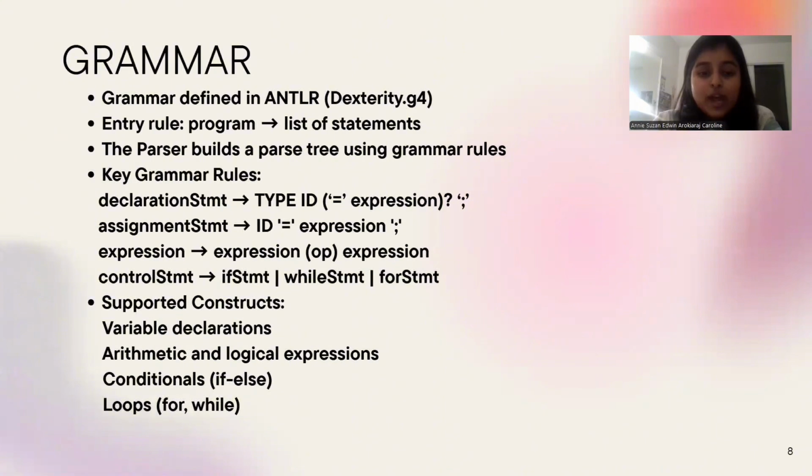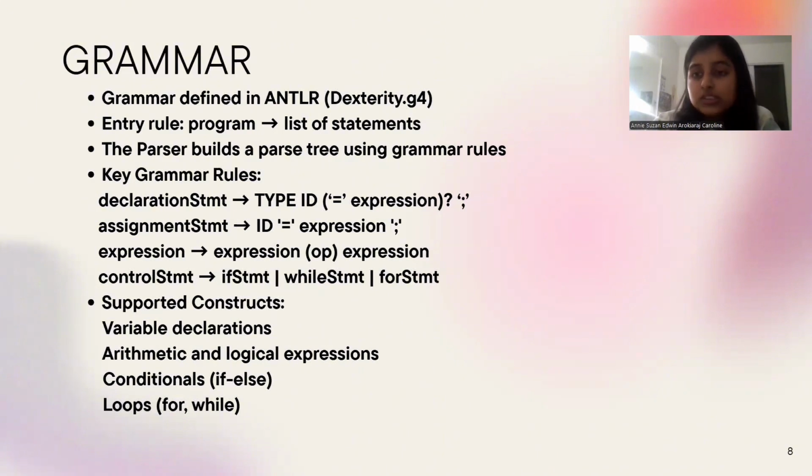So now moving to the grammar of the language, we defined our grammar in ANTLR using a .g4 file. The entry rule is something like this: program gives a list of statements. The key grammar rules include the declaration statement, which gives the type, ID, and the expression, followed by the assignment statement and then the expression and the control statement.